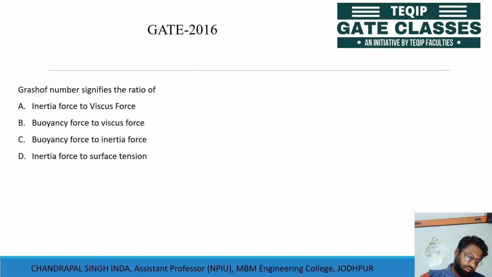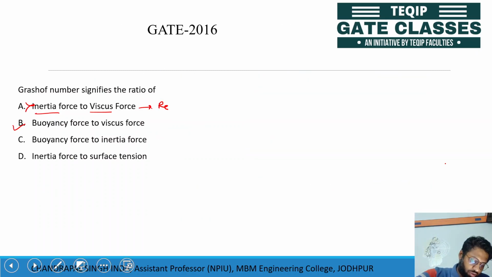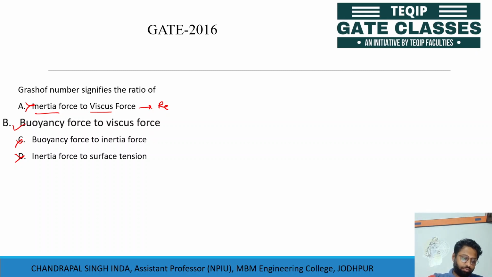So here we will have the answer as option B, as inertia force to viscous force is the Reynolds number. So option A is cancelled out. Buoyancy force to inertia force is not in the picture in this formula, so we cancel this out again, and inertia force to surface tension is not here. So option B is correct, that is buoyancy force to the viscous force.